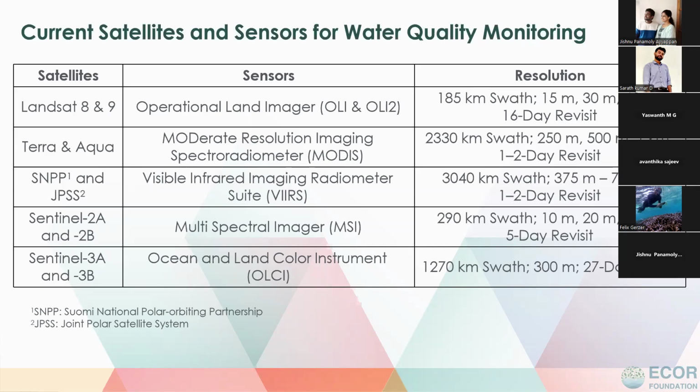MODIS and VIIRS have coarse resolution but huge area coverage, and we can get data daily. Often, combining satellite data gives a better result than relying on just one, so for the best result we can use them in combination for a comprehensive analysis.